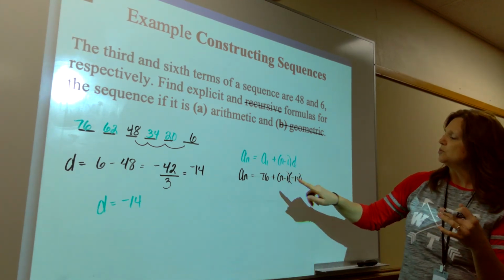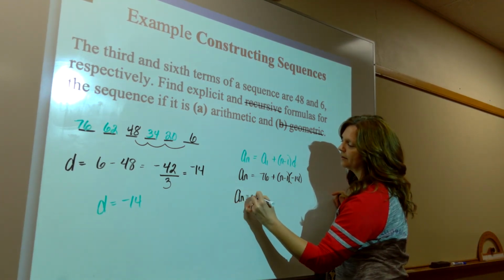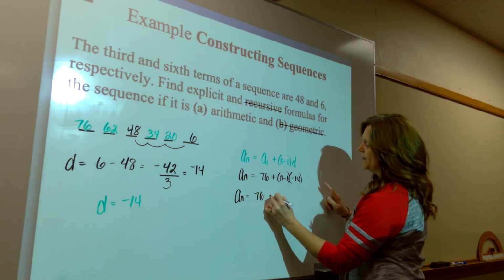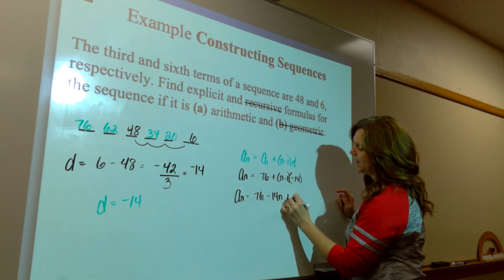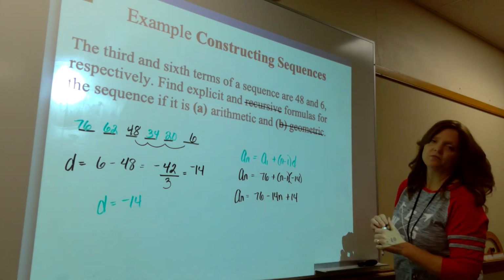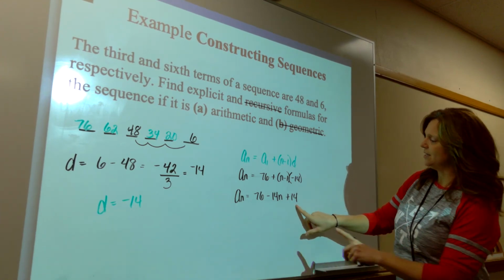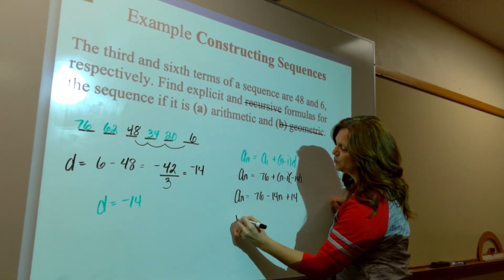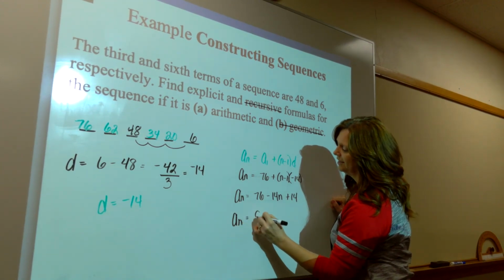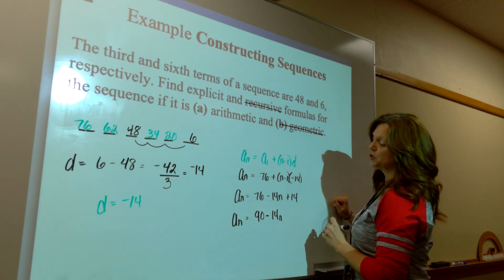So make sure when you distribute to clean this up that you're careful with that negative. So 76, and then that would be a negative 14n, and that would be a positive 14. Then I can add my 76 and my 14, which would be 90. 90 minus 14n should be the rule.